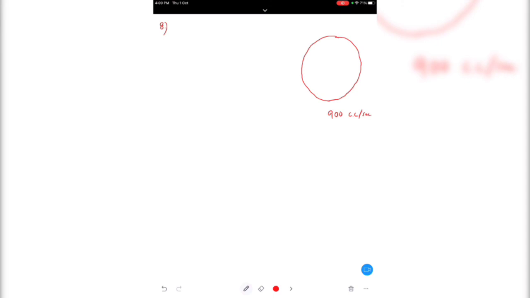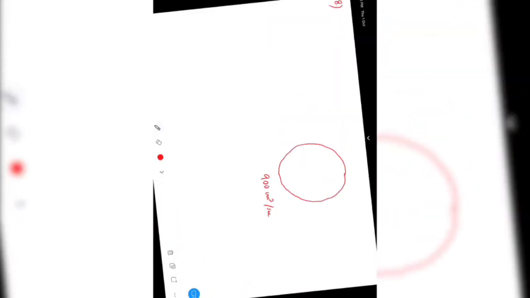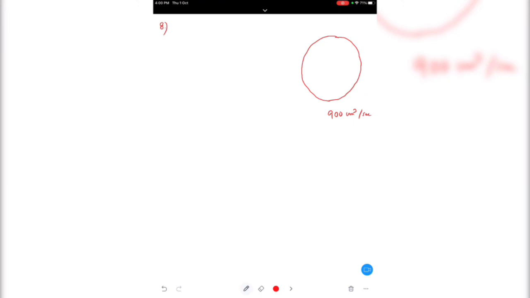Cubic centimeter means centimeter cube. I'm writing cc, that is also right. Centimeter cube per second. Tell me, whose value is 900 centimeter cube per second?